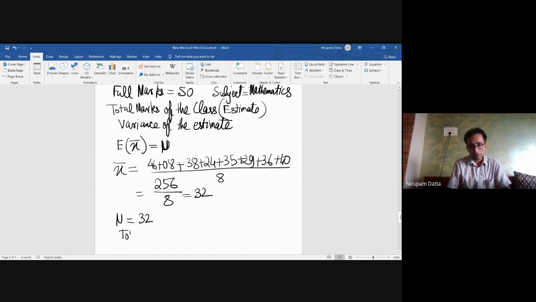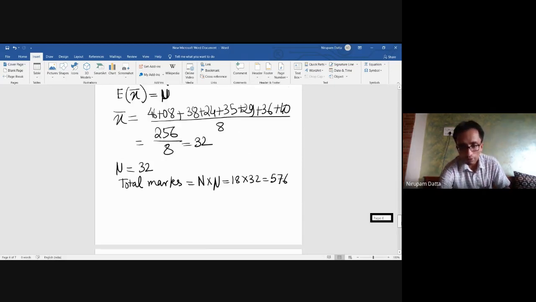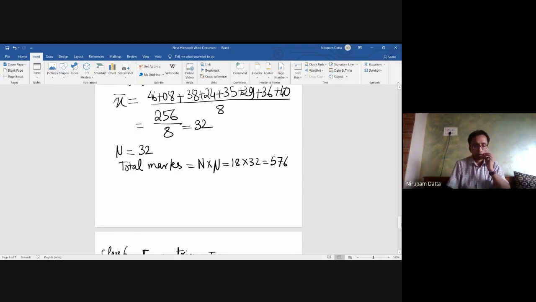So what is the total marks? Total marks will be nothing but capital N, the population size, times the population mean, which is 32, so 18 into 32, which is equal to 576. Now we have to find the variance of this estimate, that is Var of N mu.